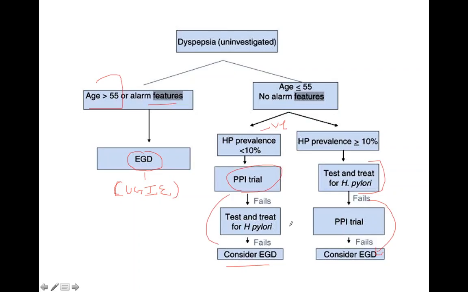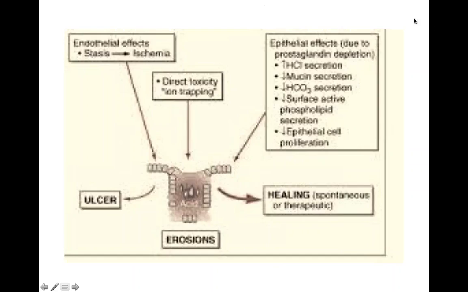Okay, so coming back to dyspepsia again. I told you the most common cause is functional, and there are other causes also, like drugs can cause dyspepsia. So NSAIDs can cause dyspepsia. NSAIDs cause dyspepsia by two mechanisms basically.